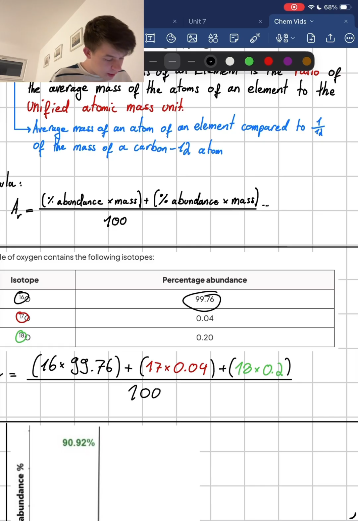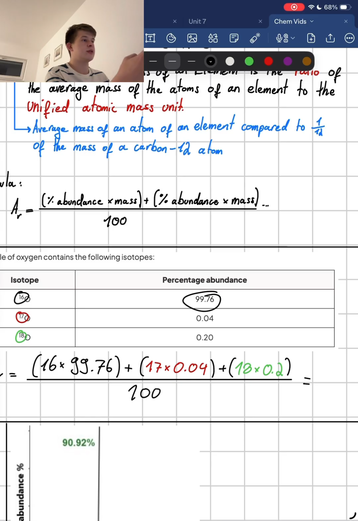This will give us, let's quickly put it in our calculator, 16 times 99.76 plus 17 times 0.04 plus 18 times 0.2 divided by 100.